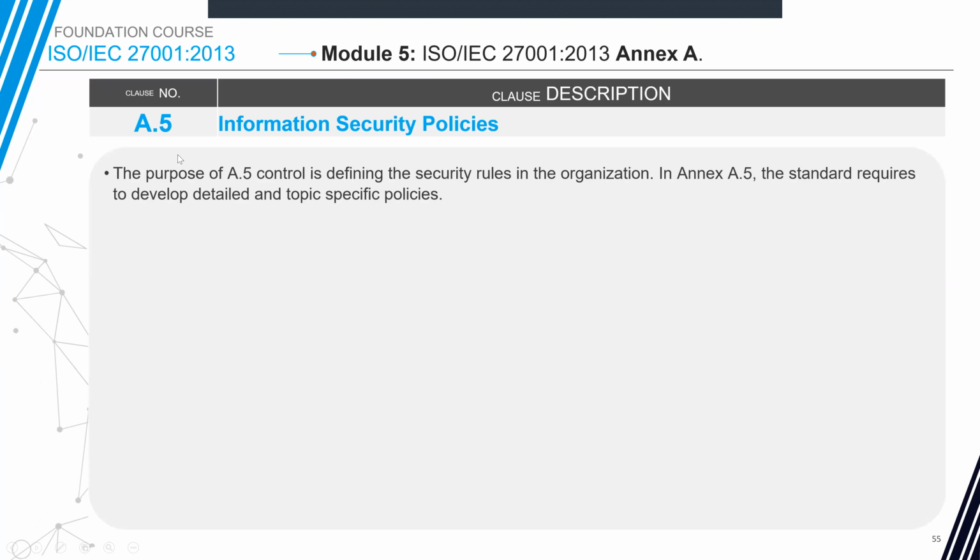In Annex A, the first one we will speak about is the information security policy. Yesterday we discussed the information security policy in the clauses, and we said this is the responsibility of whom? Management or CEO, that's right. It's the responsibility of the top management.